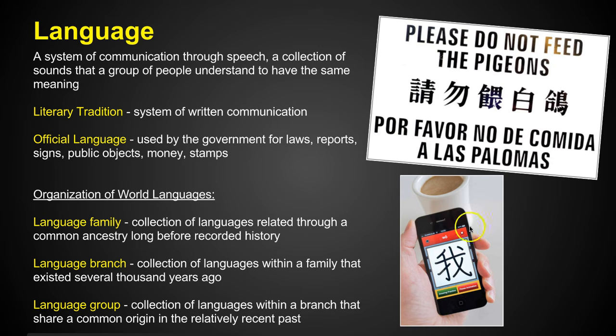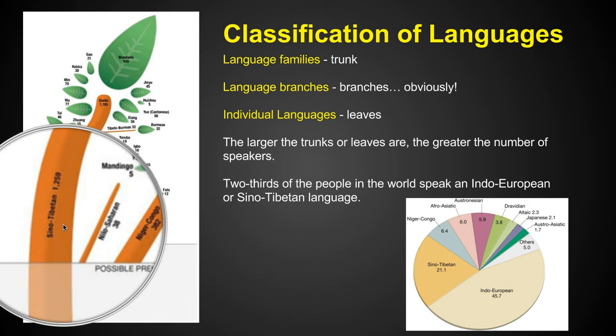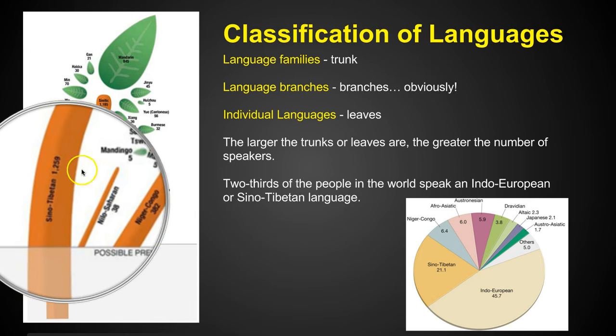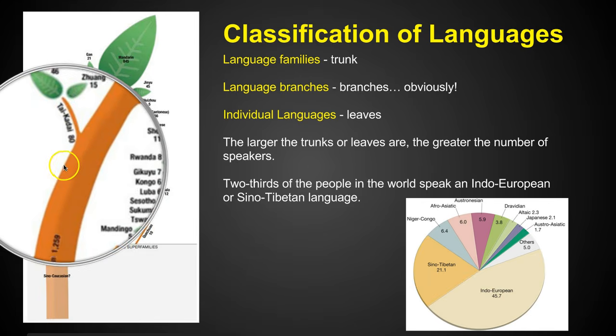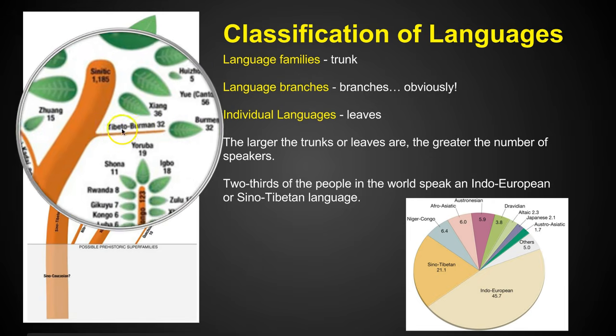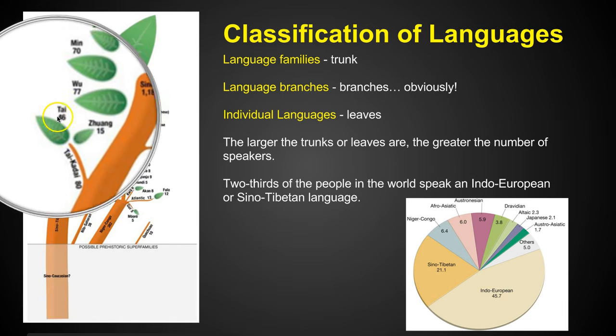And you've got examples of languages here. Looking specifically at our tree, you can start to see the language families and branches broken down. For example, the language family would be this trunk here. Okay, so we've got the Sino-Tibetan language family here, and it breaks down into branches, like the Tibeto-Burman branch and the Thai-Kadai branch.